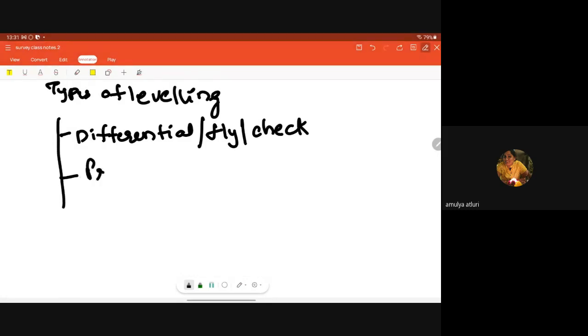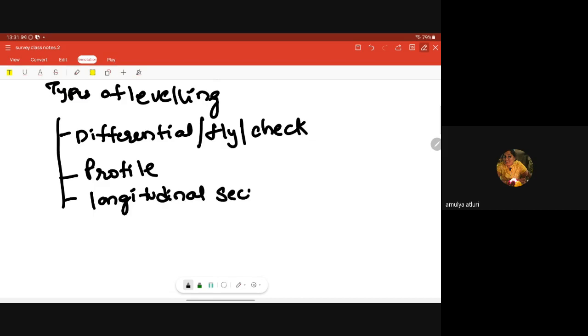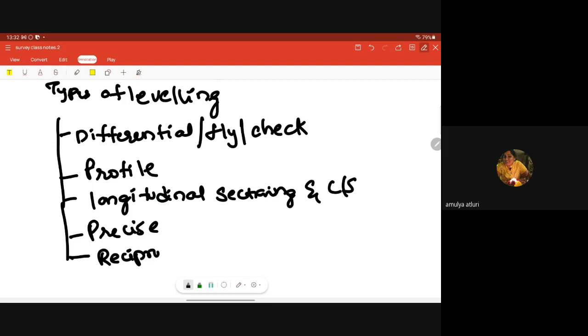Next is profile leveling, longitudinal sectioning and cross sectioning, precise leveling, and reciprocal leveling. So these are all the types of leveling.